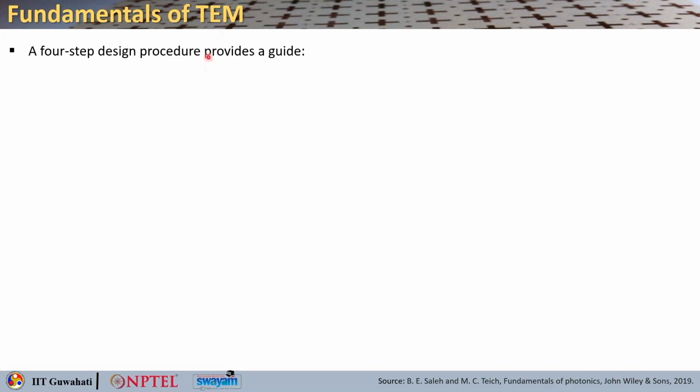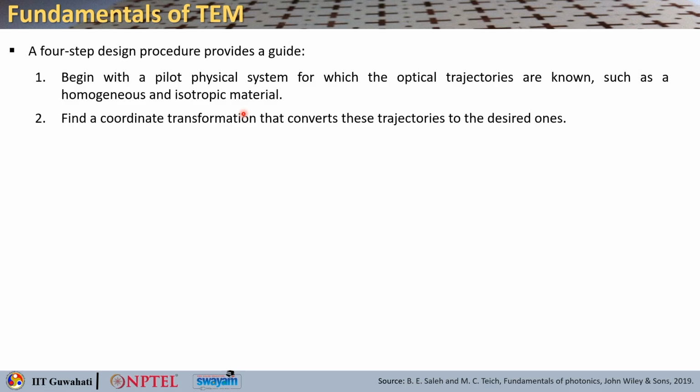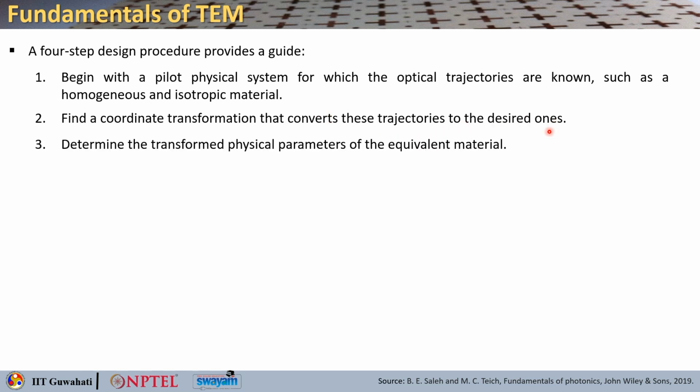So, in summary, you can say that it's basically a 4-step design procedure. Okay. First, begin with a pilot physical system for which the optical trajectories are known, such as you can consider homogeneous and isotropic material. Then you find a coordinate transformation that converts these trajectories into your desired ones. Okay?